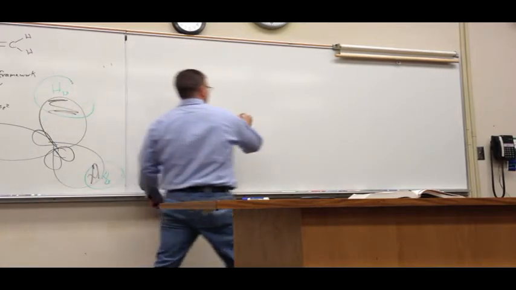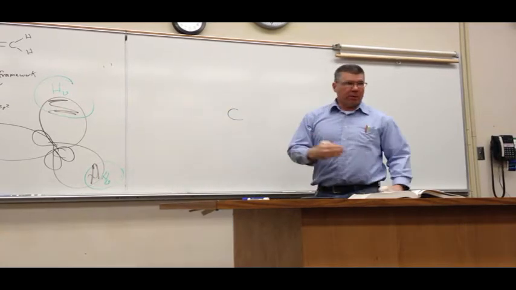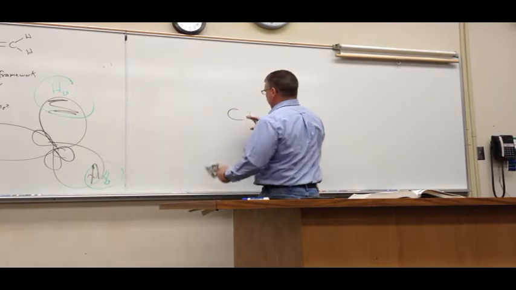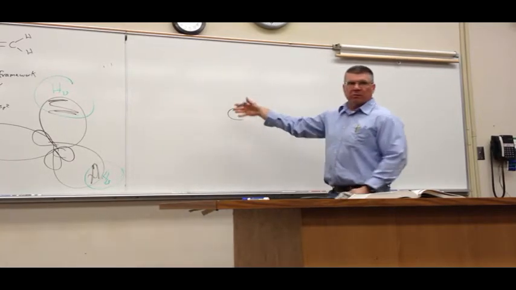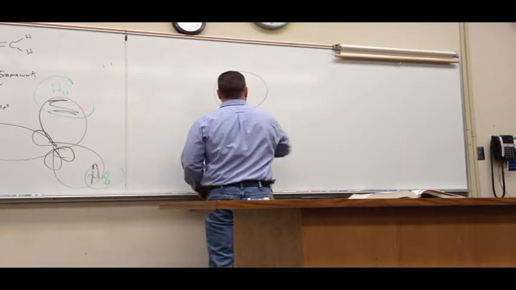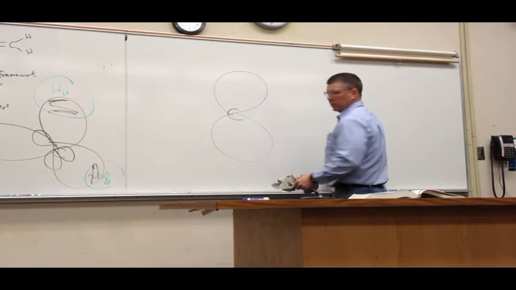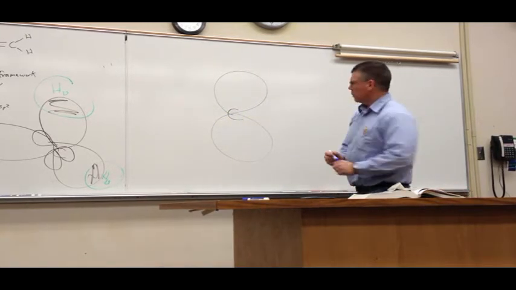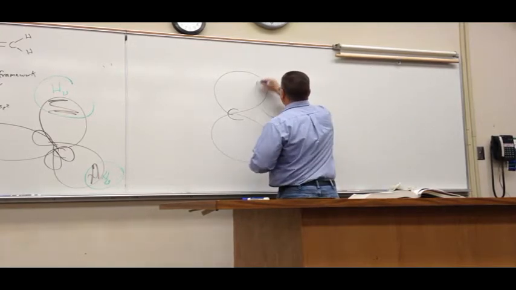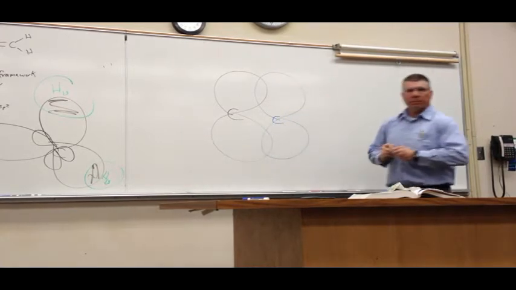Sigma framework. So now just the pi part, instead of trying to put it right on there. So all that stuff's still there. But now I'm going to twist the molecule 90 degrees so that I can draw on the plane of the board. There's going to be a p orbital there, not hybridized. P orbital there.